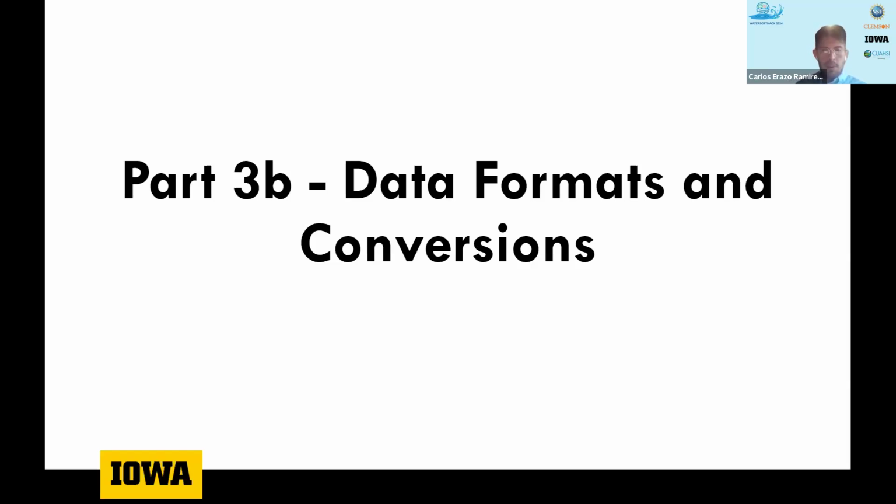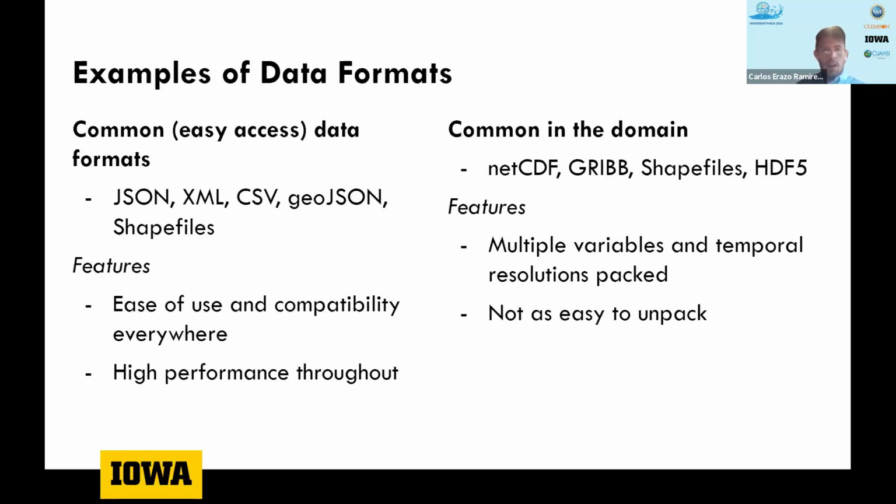Okay, so I'm going to go now into data formats and conversions. And this is where we're going to start going into the nitpicks of today's discussion. So one of the examples of data formats and access, at least through the web, and I know that you guys are working also with Python, working with R. These are just formats that we were mentioning before: JSON, XML, CSV, GeoJSON, shapefiles.